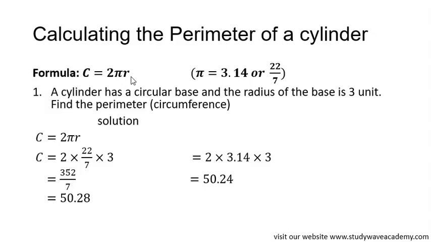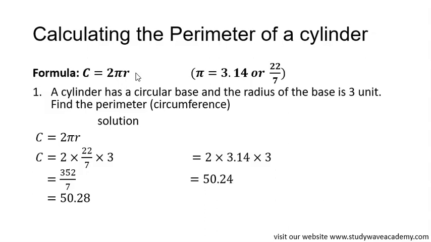So the formula for the perimeter, also the circumference of a circle, is this: C equals 2 pi r. So now, as you are looking for the perimeter of a cylinder, it's just like you are looking for the circumference of the cylinder, okay?